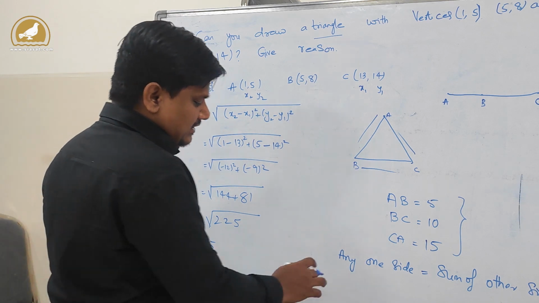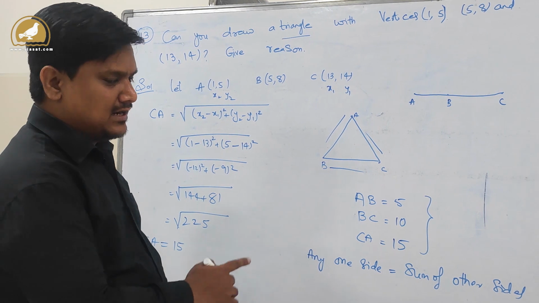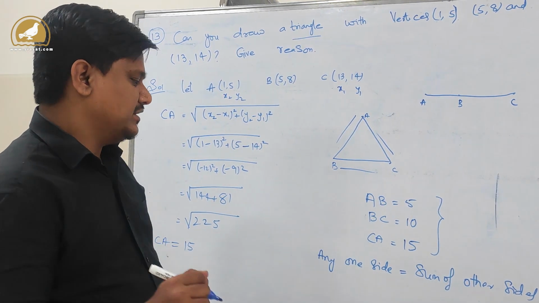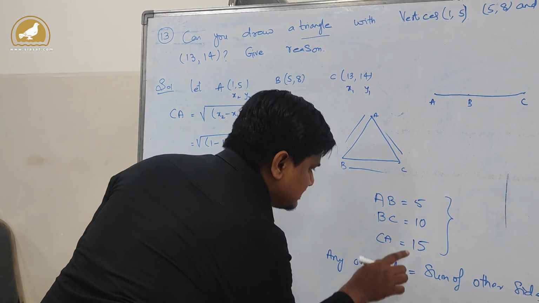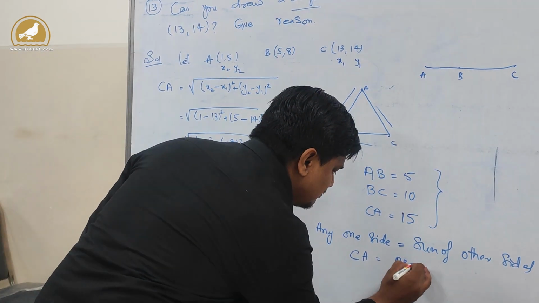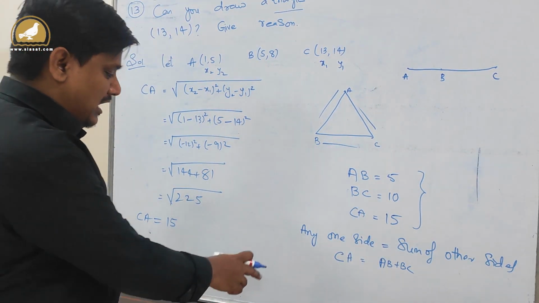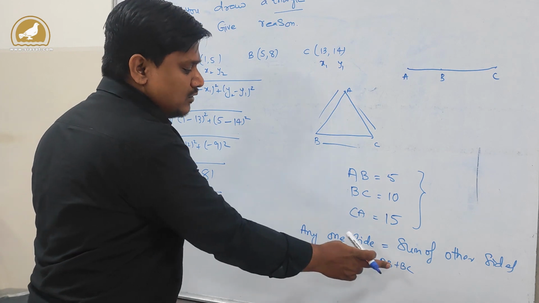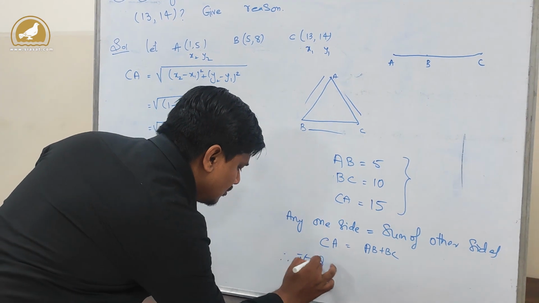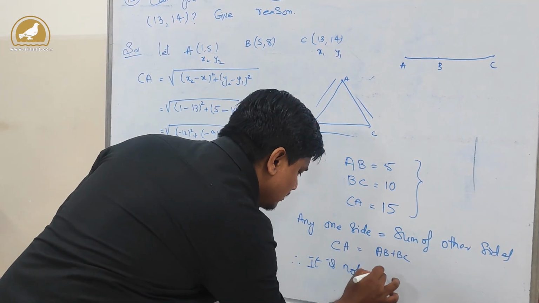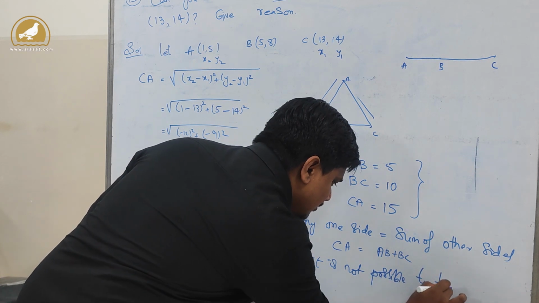If it is not equal, then it is a triangle. If it is equal, then it is collinear. Here we can see that the value of CA is equal to AB plus BC. See, 10 plus 5 is 15. As we can find a side which is equal to the sum of the other two sides, it is not possible to form a triangle.